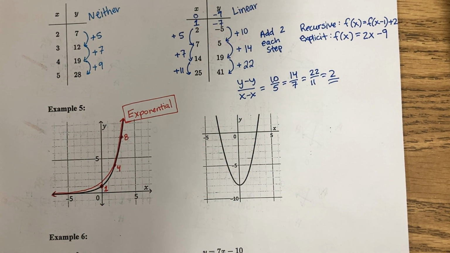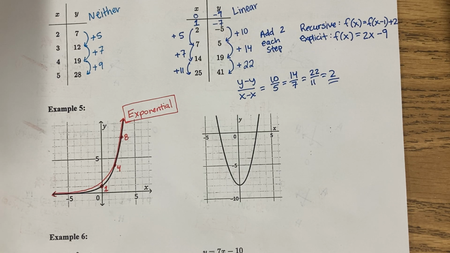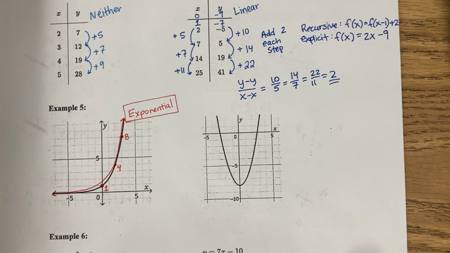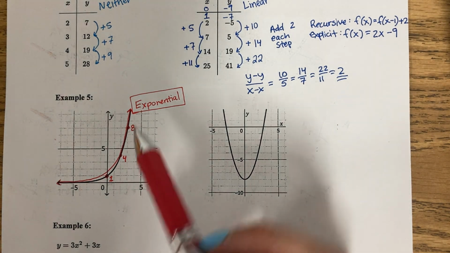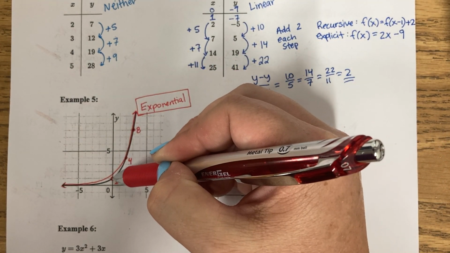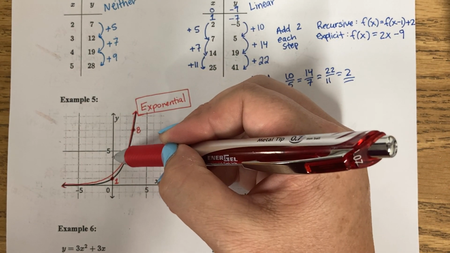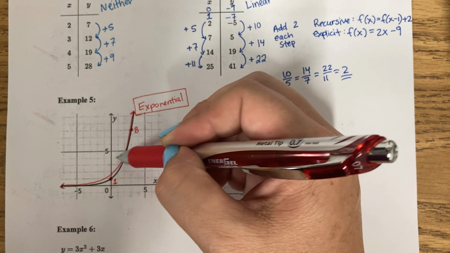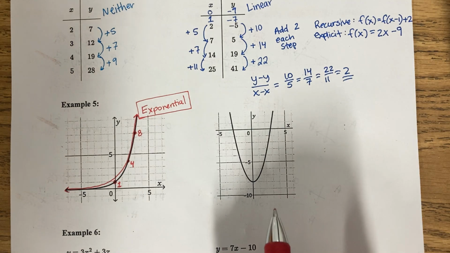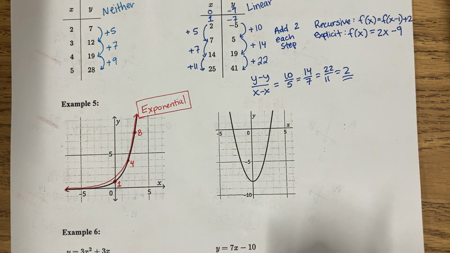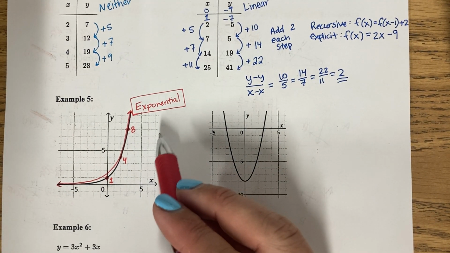It looks like it's at 8. We're just gonna label these ones. One. Oh, okay. 1, 2, 4, 7, 8. That's interesting. Okay, so that one's exponential.